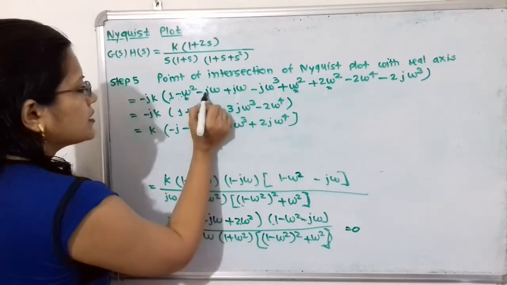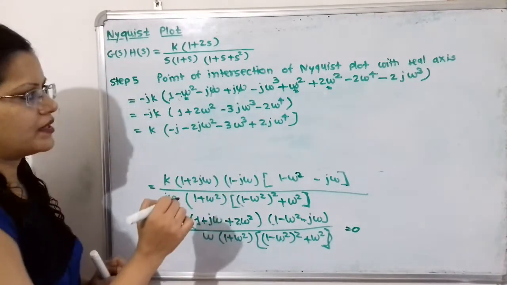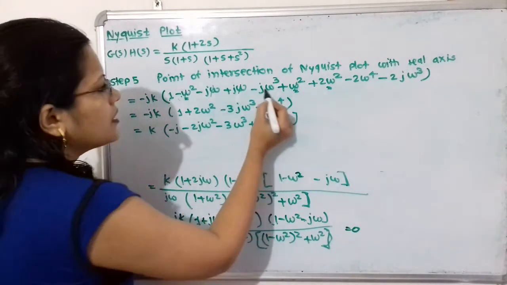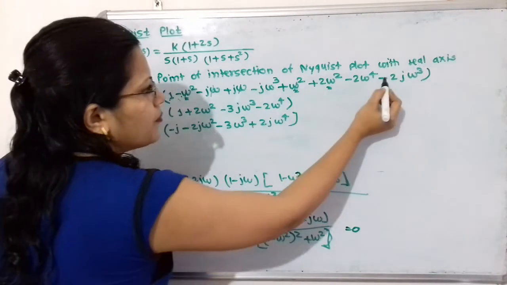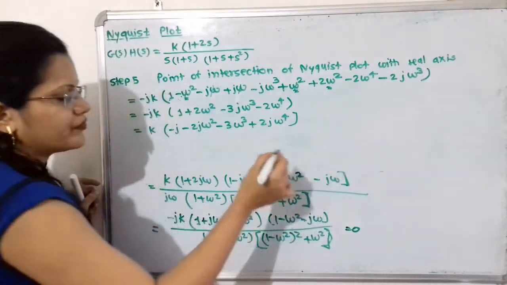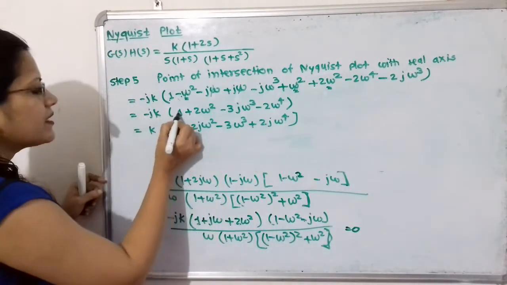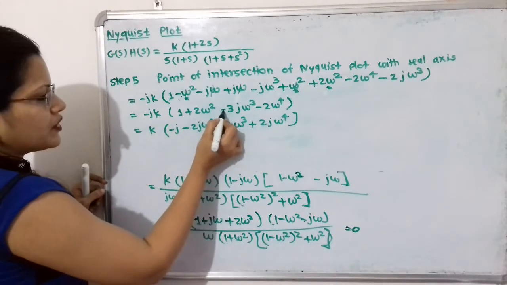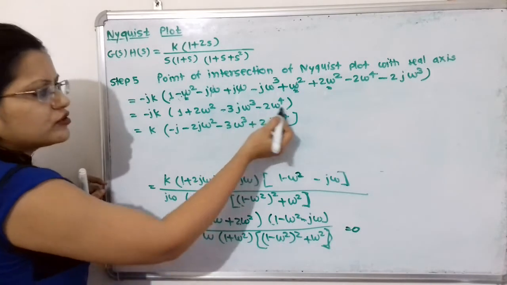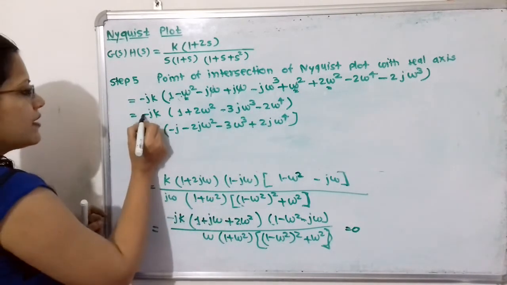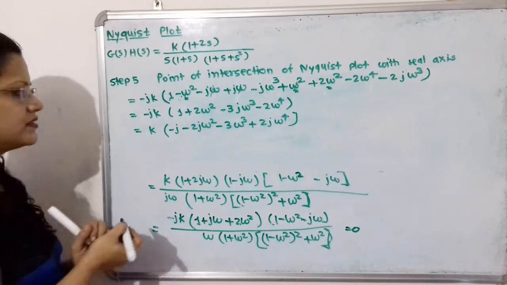And now this minus j omega plus j omega, that is also getting cancelled. Here minus j omega cube minus 2j omega cube, that is minus 3j omega cube. So what is the remaining? That is 1 plus 2 omega square minus 3j omega cube minus 2 omega raised to 4, and outside the bracket here is the minus jk.